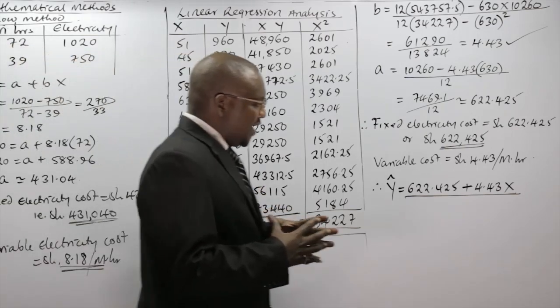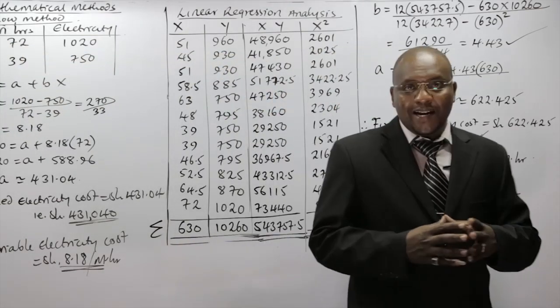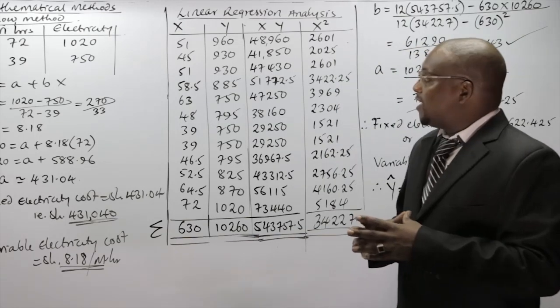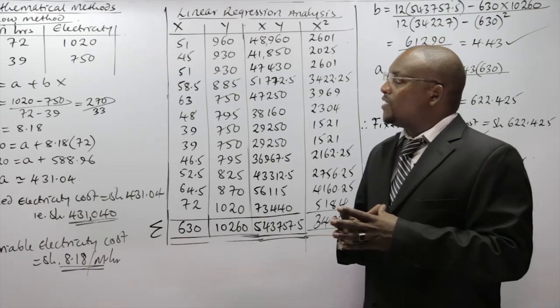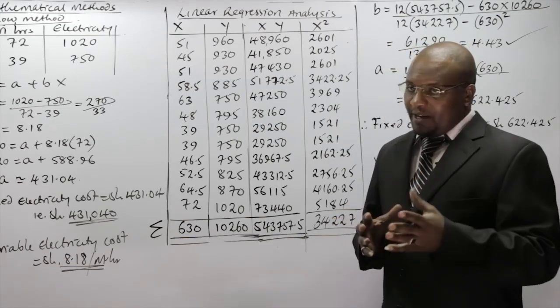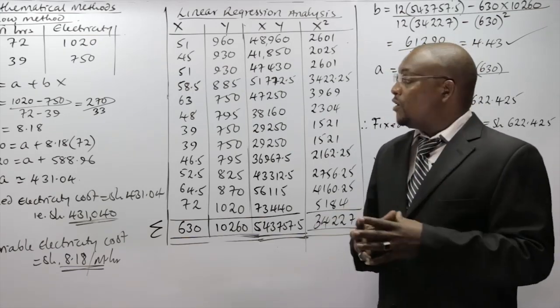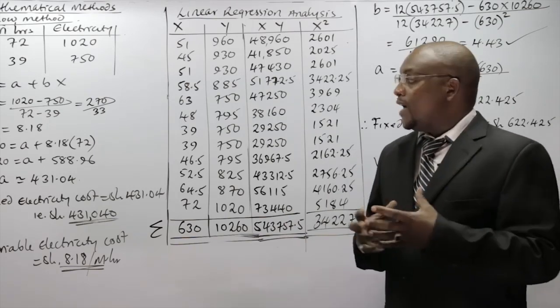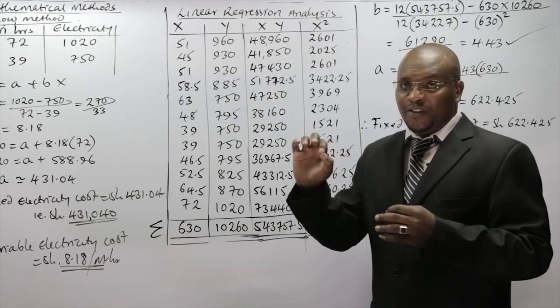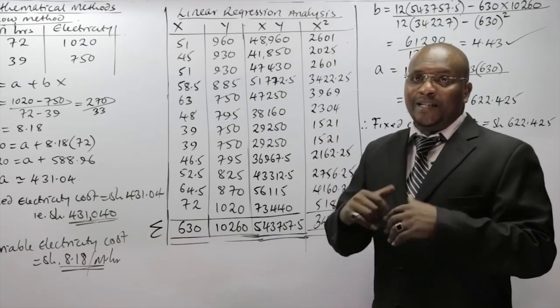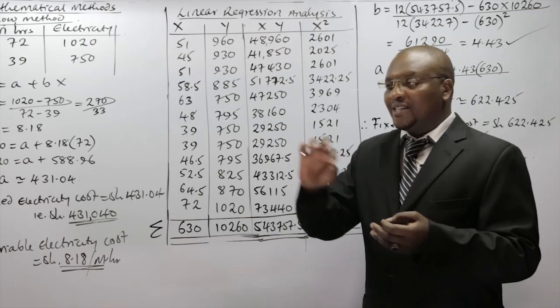So we have come to the end of lesson 2, that we have featured the mathematical methods, 2 of them, the visual fit diagram, which we did not do a question actually, but I explained how that line of best fit would be established, but there would not be any formula to get that line.